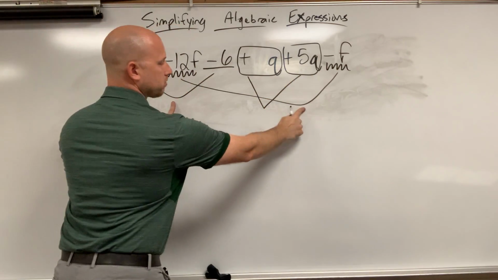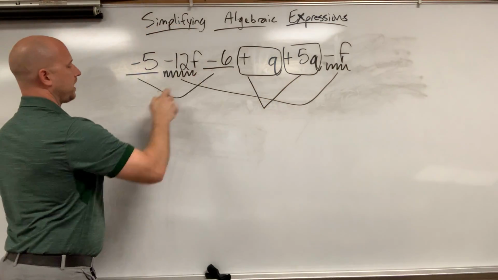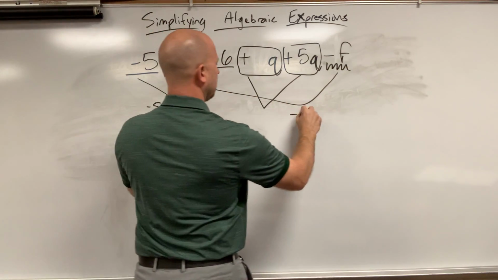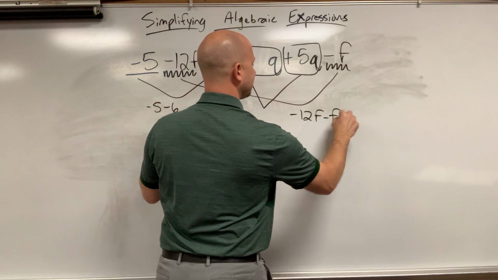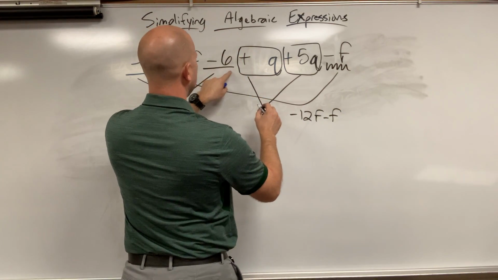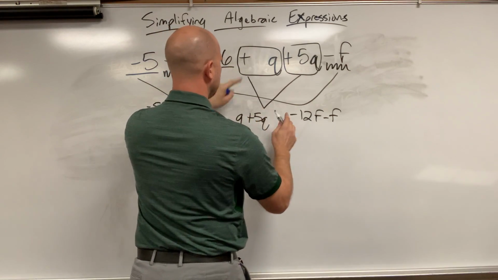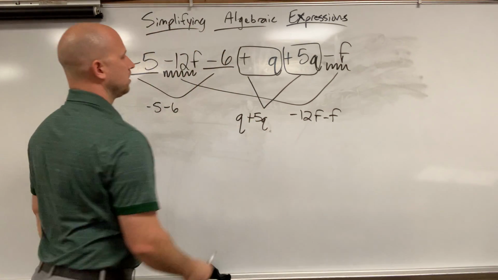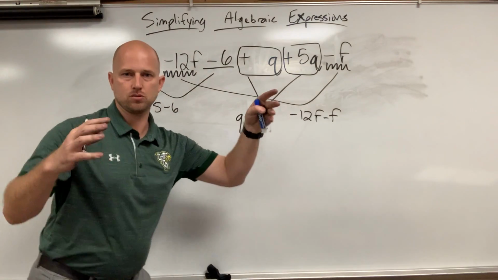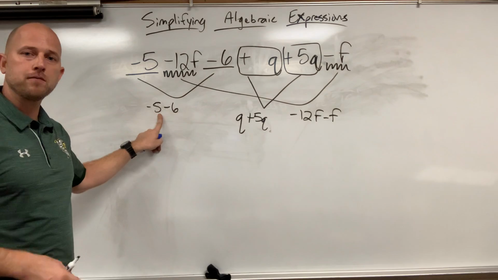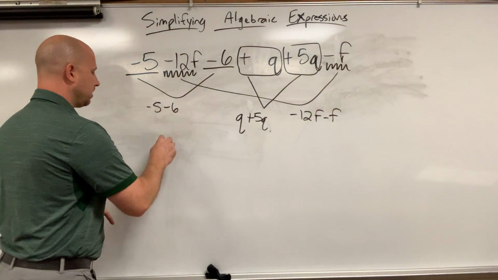So we have 1, 2, 3 little parts here. -5 minus 6. This one goes over here: -12f minus f, and we have q plus 5q. So these are the 3 parts. We need to simplify those, and then we have our answer. -5 minus 6, same signs add.